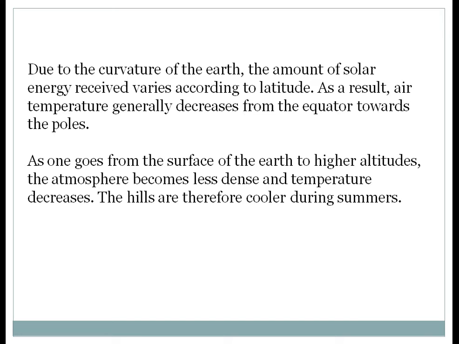Next, there can be variation in air temperature, and it controls the pressure and the wind system of the place. So as one goes from the surface of the earth to the higher altitude, the atmosphere becomes less dense and the temperature decreases. This we already saw in the 6th standard, when we were talking about why mountaineers carry the oxygen cylinder on their back.